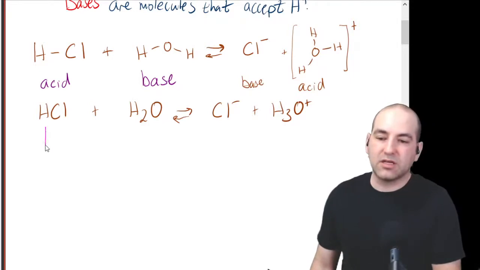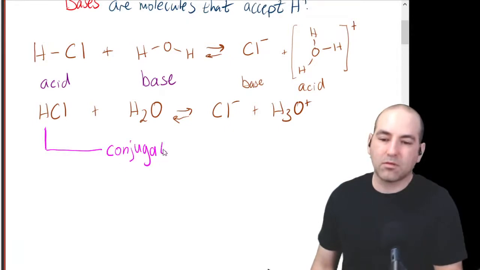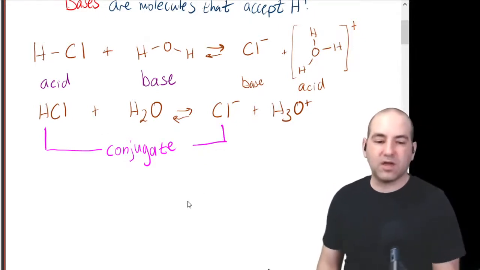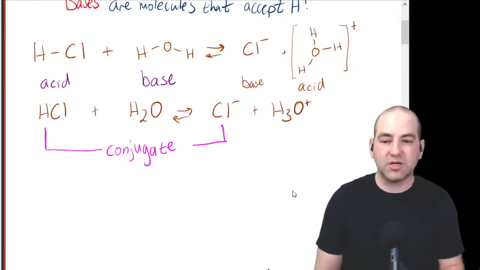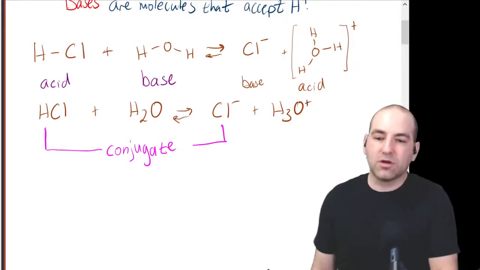That's actually something that a lot of people noticed, and so there's a word to describe that. That word is conjugate. We say that HCl and chloride are conjugates of each other, conjugate acid or conjugate base. And then also the water and hydronium would be described as conjugates as well.